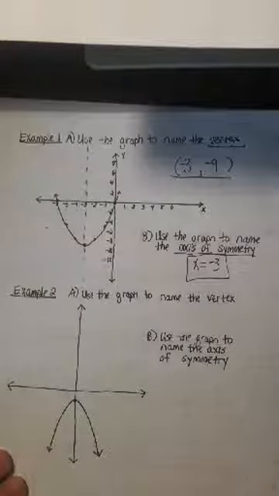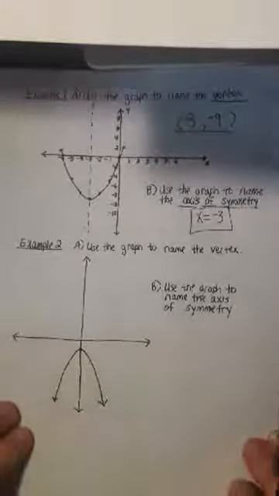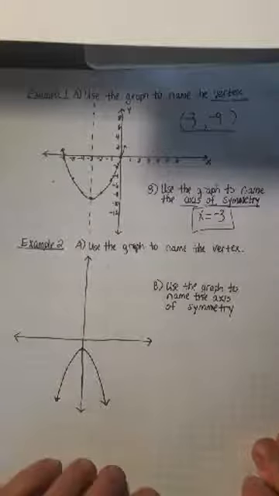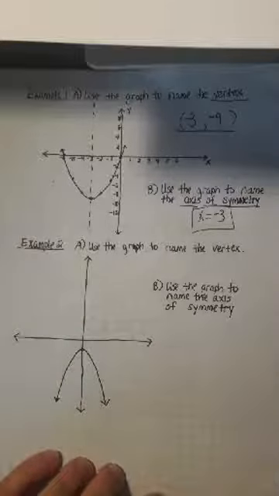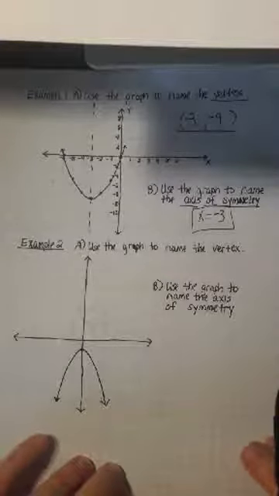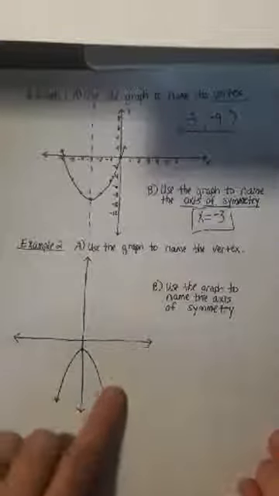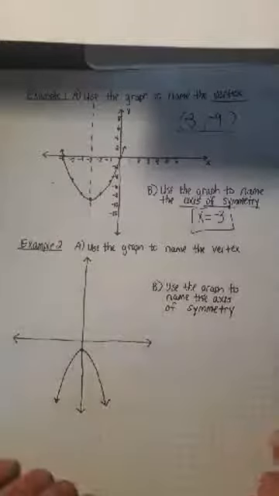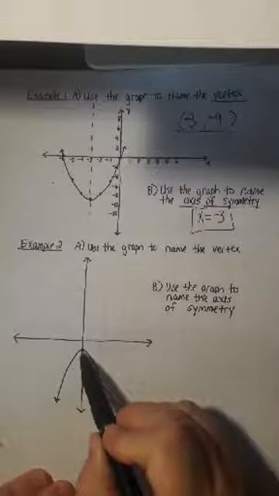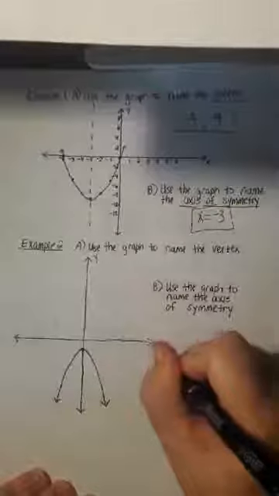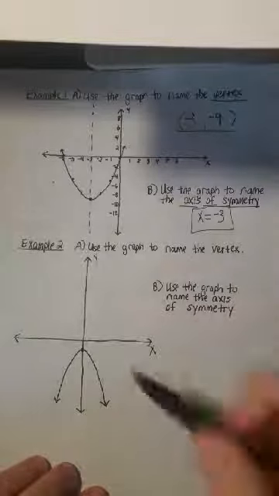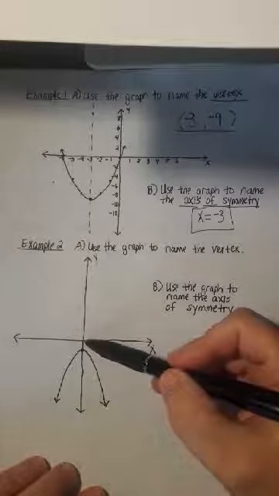All right, example 2. Let me slide this up a little. Example 2 says use the graph to name the vertex and the axis of symmetry. Same directions, just making sure that you have an understanding of it. So again, look at your parabola. The vertex is this point right here that's at the very top of the parabola. This is my y-axis. This is my x-axis. And that is just 0 right there.